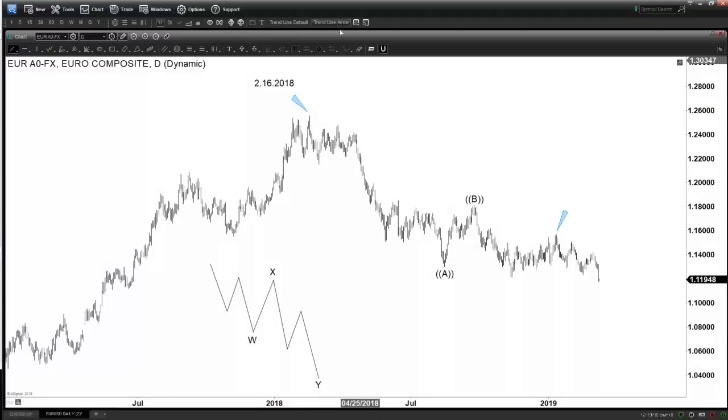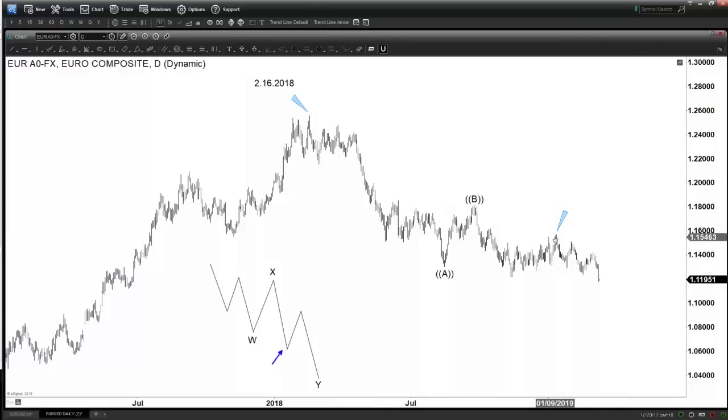A 5 swing suggests that we are here, 1, 2, 3, 4, 5. So we can have a double zigzag from here in which this is your WX. That still implies the downside to at least finish a 7 swing, 1, 2, 3, 4, 5, 6, 7. Or another possibility is this entire move is some sort of a 5 wave diagonal. So this could be your wave 1 of 3.